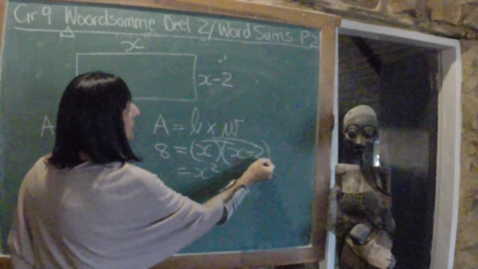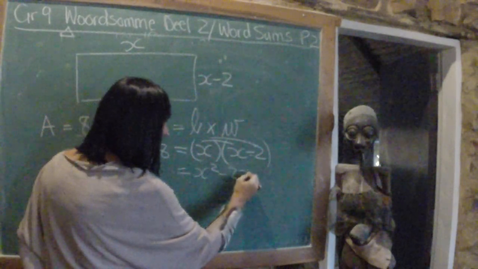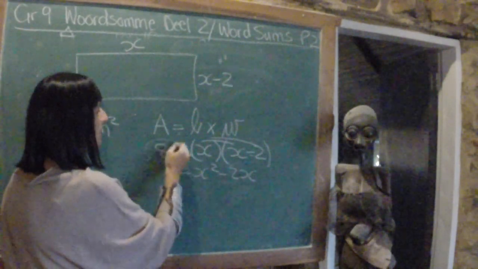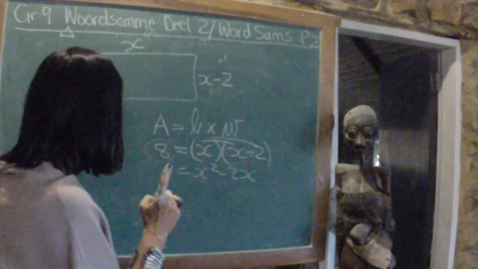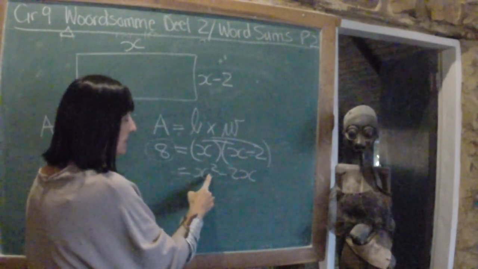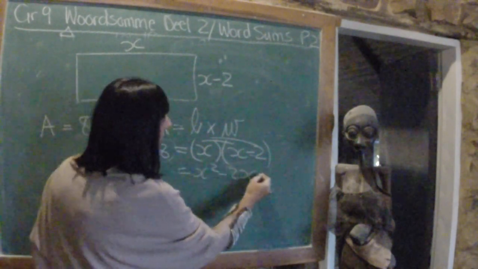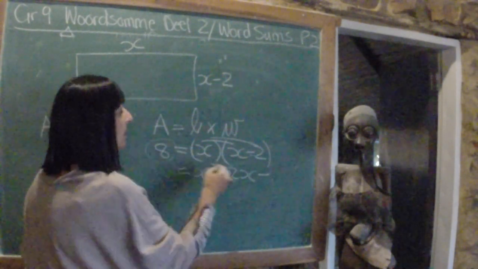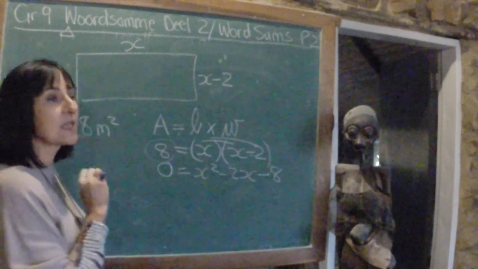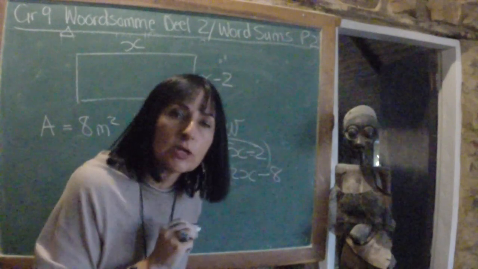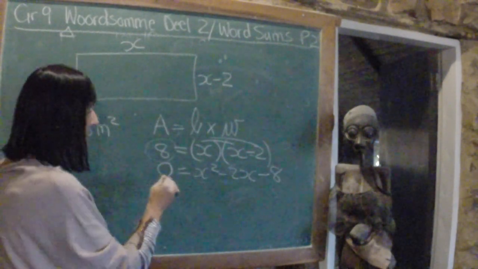X maal minus 2 gee my minus 2x. And because there is an x squared, remember we did that. Omdat hier 'n x kwadraat is, vat ek alles na die een kant toe, so the plus 8 becomes a minus 8 and equals it to 0. Want ek wil factoriseer. I need to factorize.